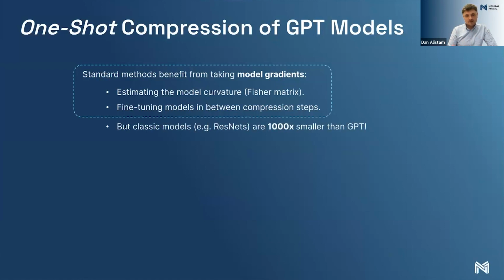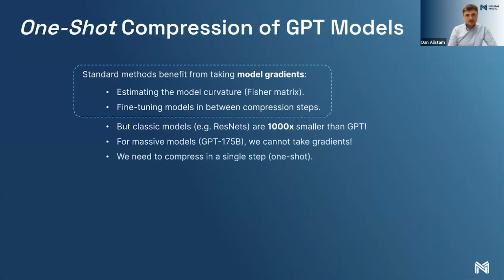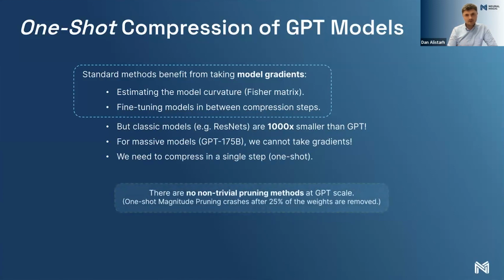However, we're in the nasty situation where models like these GPT-scale models are literally 1,000 times larger than the ResNets we're used to compressing. And therefore, taking gradients is too expensive. So we need to compress in a single step without being able to do any retraining.